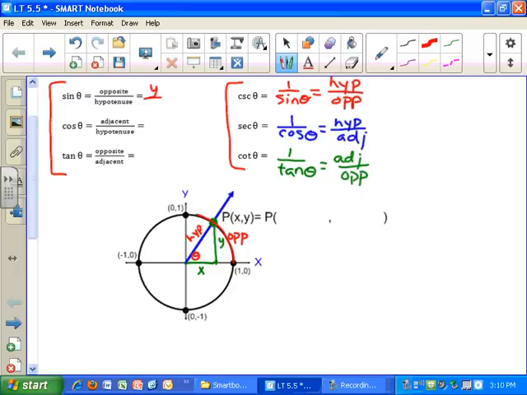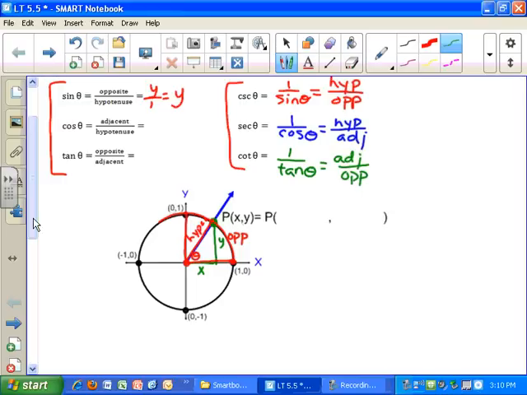Well, because we're using this unit circle, the radius of the circle is 1. So the distance from the center to any point on the circle is going to be 1, whether you go to the right or you go straight up, or you go to any point on the circle. The radius is always going to be 1, therefore the hypotenuse is 1, and so the sine of theta is just the y value. Okay.